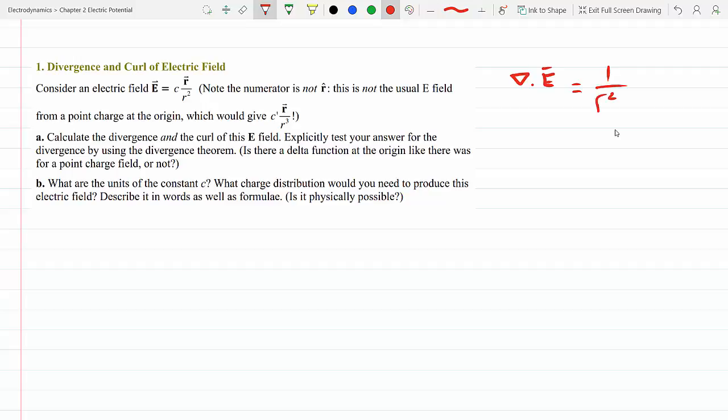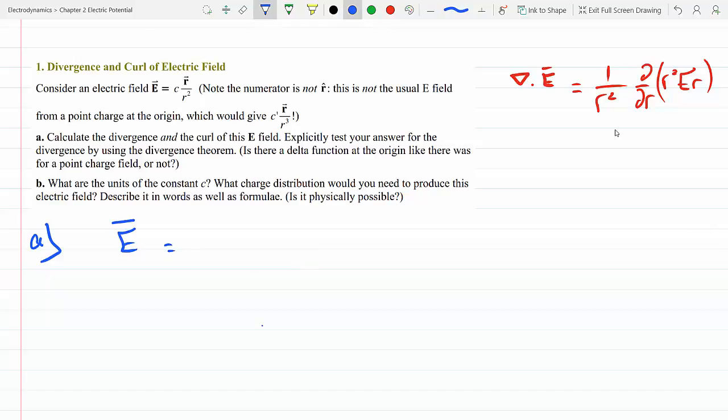But the other one is 1 over r squared d over dr of r squared Er, with Er being the radial component of the electric field.